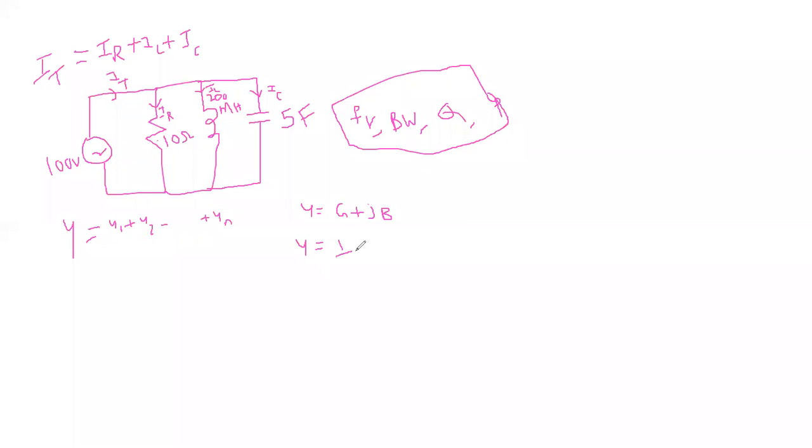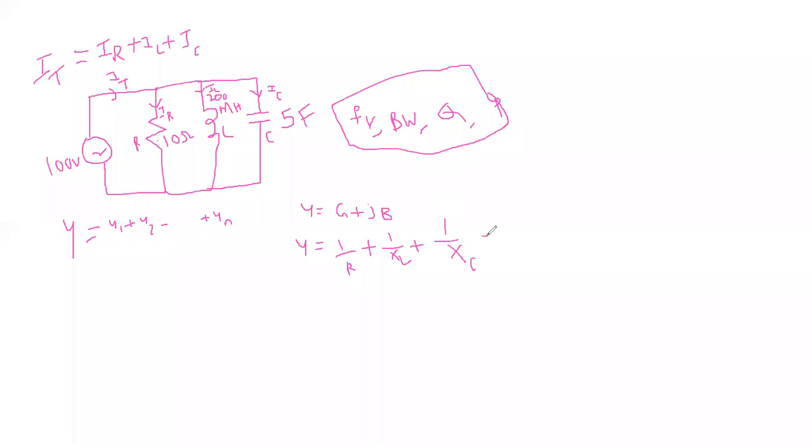So in terms of value, let us consider this is R, this is L, this is C. 1 by R plus 1 by XL plus 1 by XC.